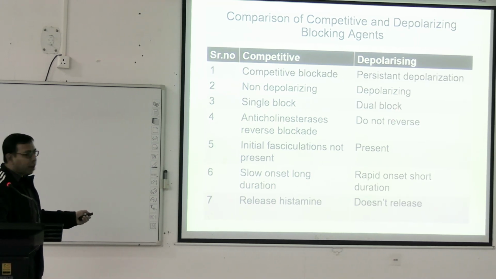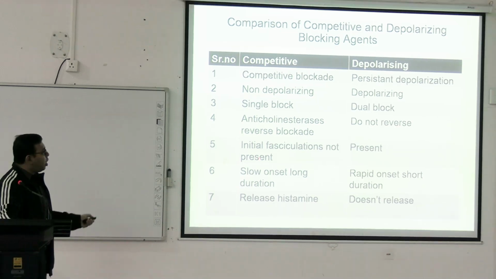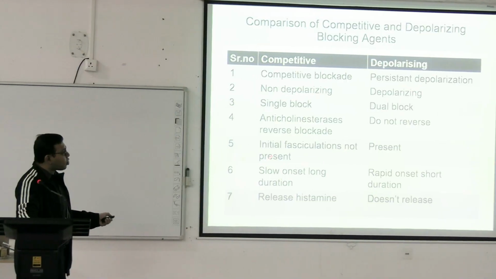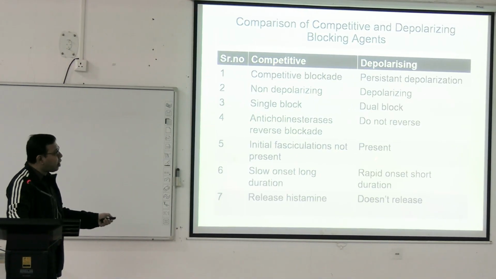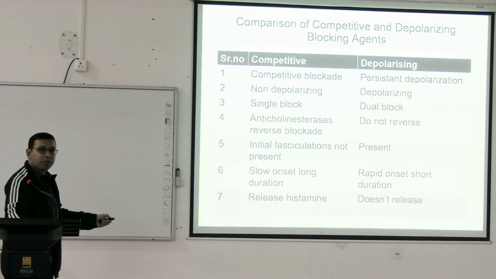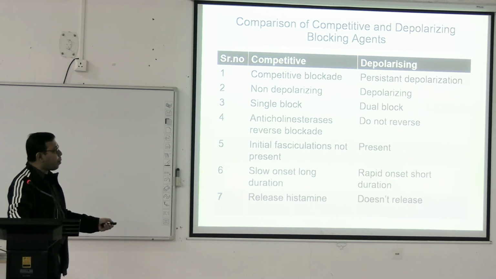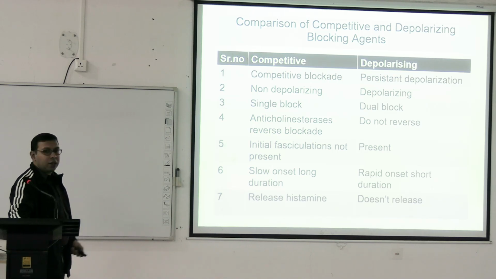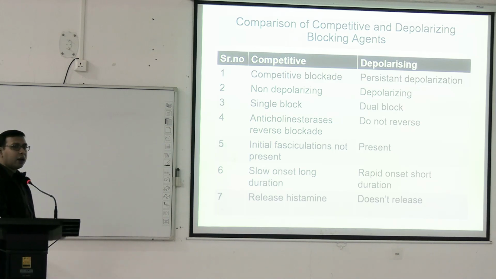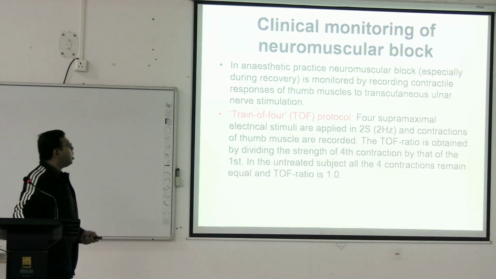Neostigmine reverses the competitive block, but it does not reverse the depolarizing block. Initial fasciculations are not present in the competitive block, but here the initial fasciculations or initial muscle contractions are present. The competitive block has slow onset and long duration, while the depolarizing block usually has rapid onset and short duration. The competitive blocker usually releases histamine, while the depolarizing one does not. The depolarizing blocker usually causes more potassium release or hyperkalemia, while here hyperkalemia will not happen.